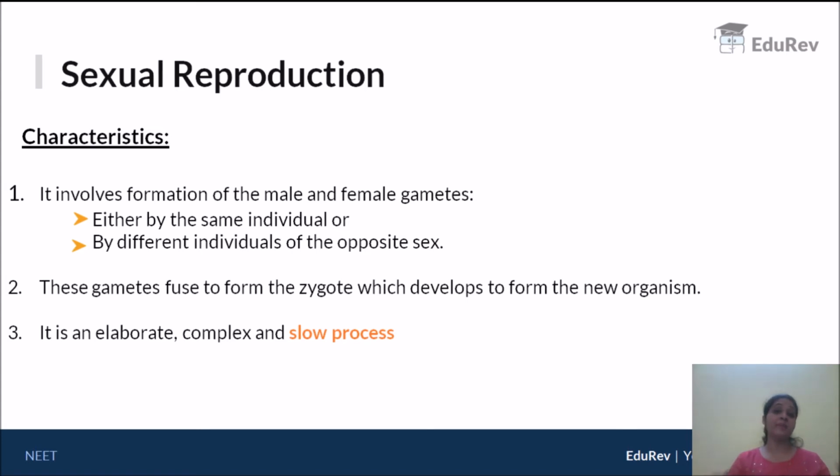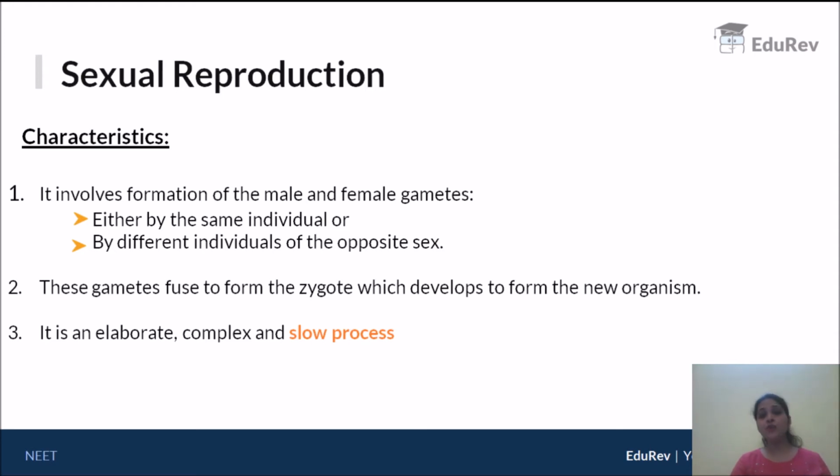After they are transferred, they must fuse. In other words, fertilization must take place. That zygote must grow into an adult individual, or rather a fetus, and then an offspring, and that offspring must grow into a fully grown individual. So it is a very slow process as compared to asexual reproduction. So elaborate, complex, as well as slow.